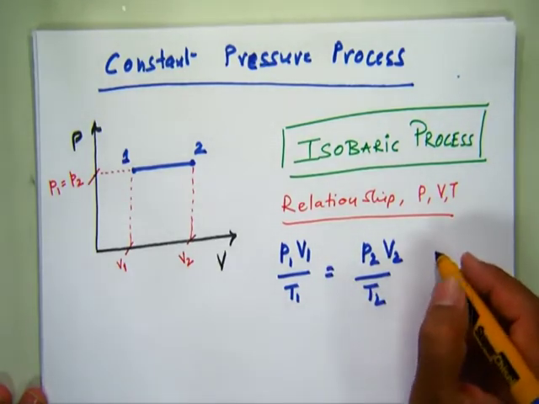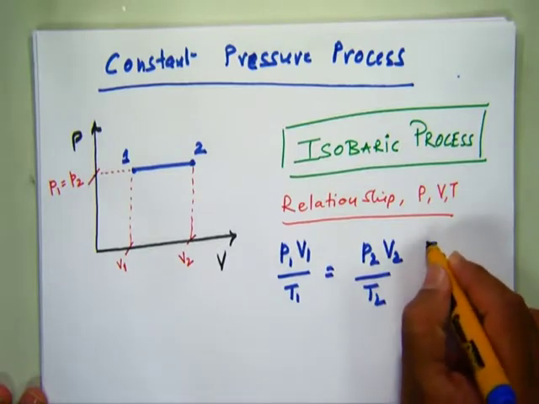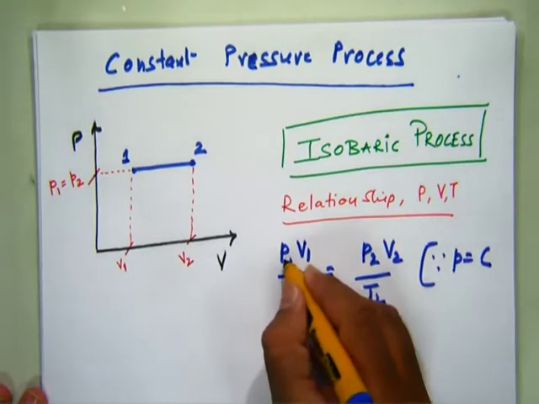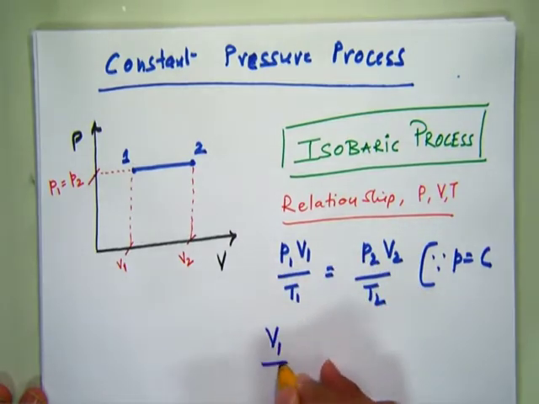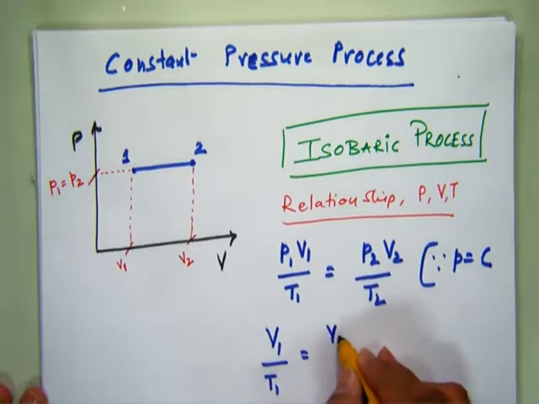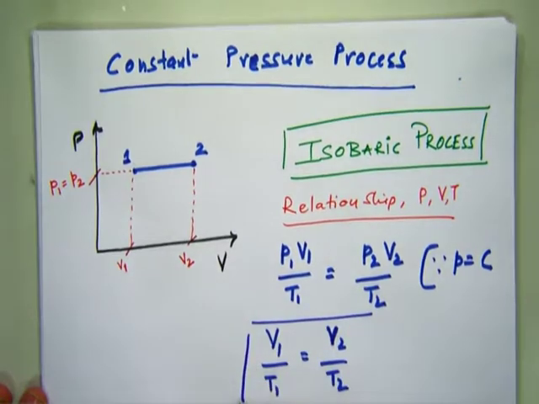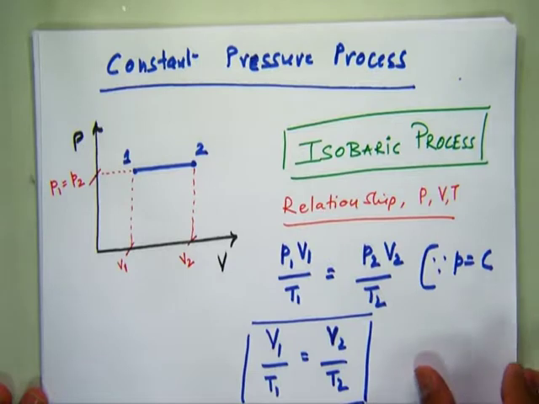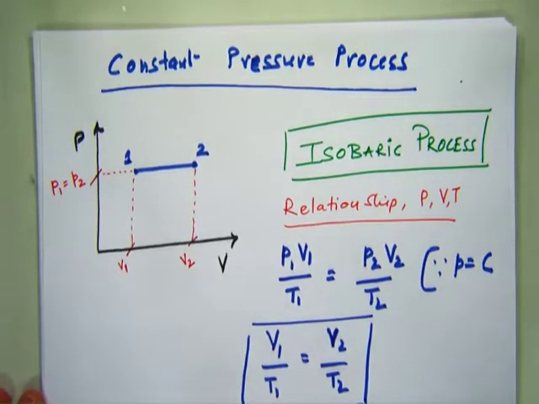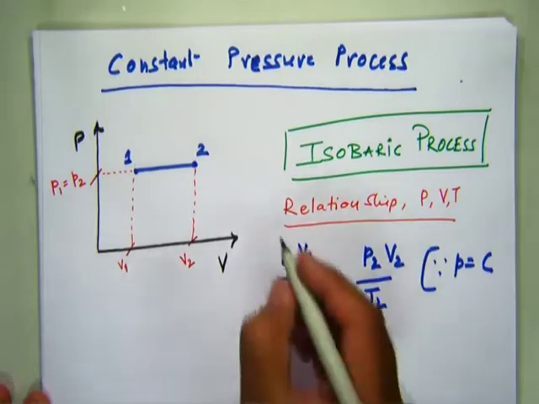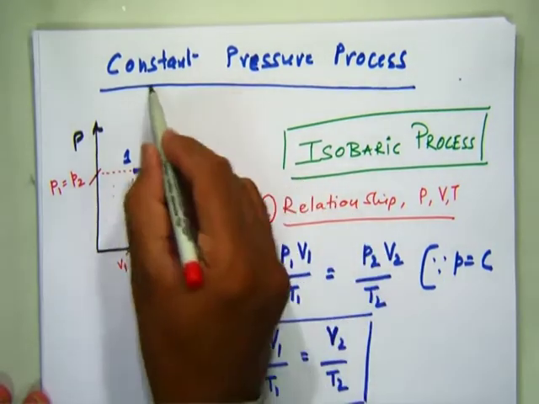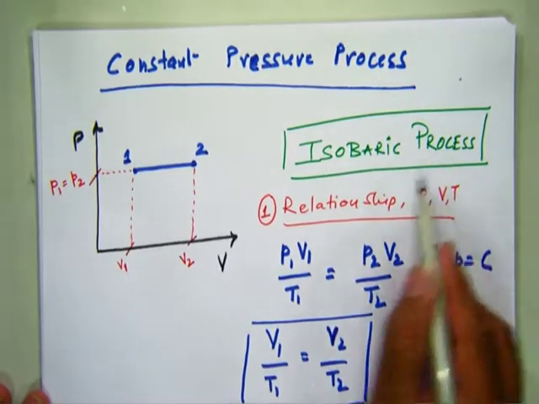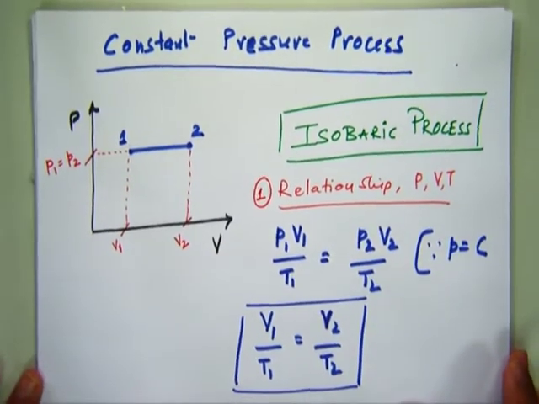Here P1 is equal to P2, the P remains constant. So in relationship you can write V1 upon T1 is equal to V2 upon T2. This is our first point under this constant pressure or isobaric process, the relationship of P, V and T.